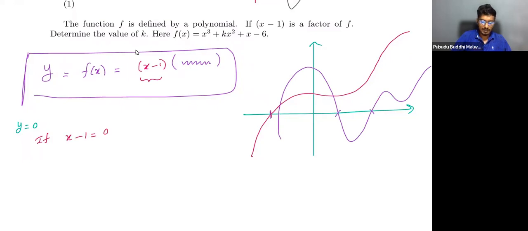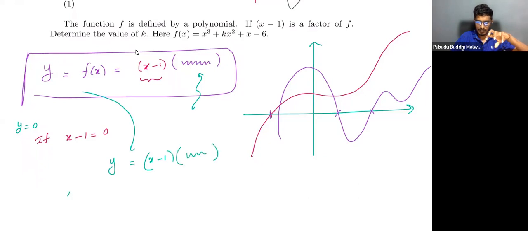Doesn't really matter what's inside this. If x minus 1 equals 0, then what's the y value? y value is x minus 1 times this part. But if x equals 1, if x minus 1 equals 0, then this part equals 0.